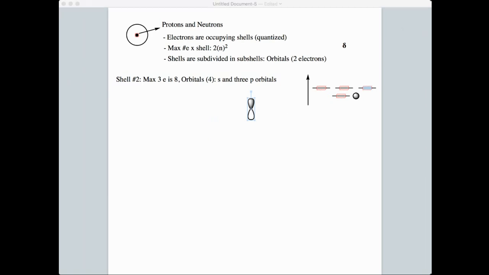So we have three p orbitals, okay? Beautiful. And these three p orbitals, what is the angle in between them? We said in the last class that the p orbitals are orthogonal, okay? And that means that there is a 90-degree angle in between the three p orbitals. I drew it in the previous class.